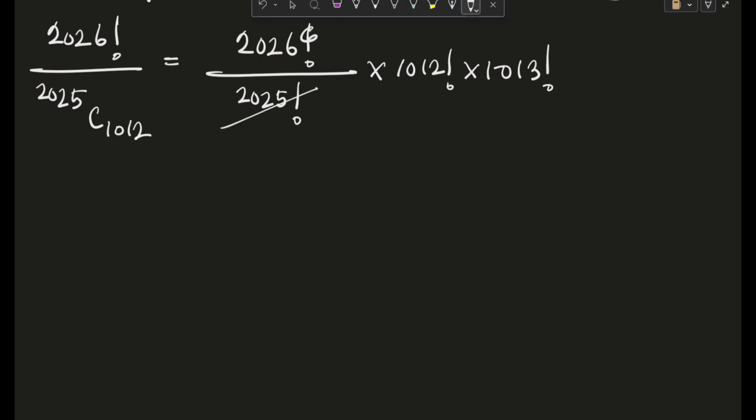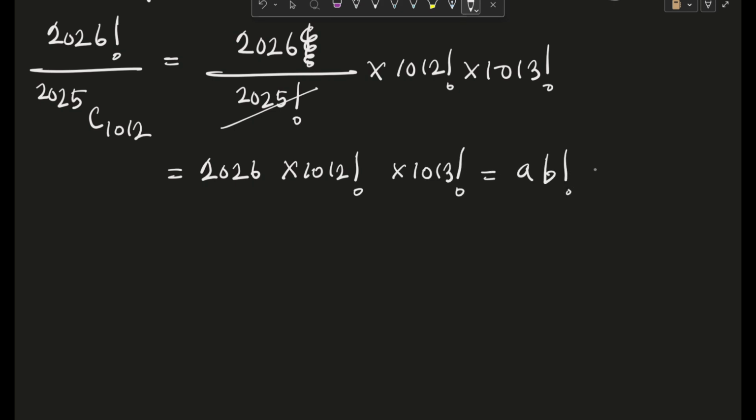That's a shortcut I use. So we get 2026 into 1012 factorial into 1013 factorial, which is a, b factorial, c factorial.